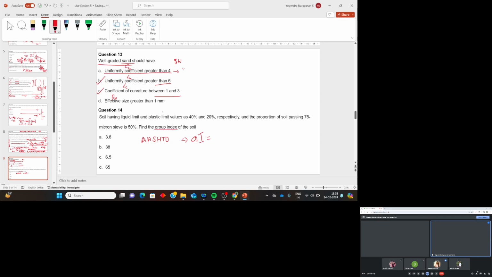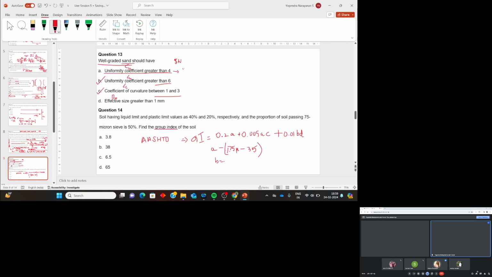please excuse my handwriting. 0.2 into A plus 0.005 AC plus 0.01 B into D. So A is percentage finer than 75 microns minus 35.